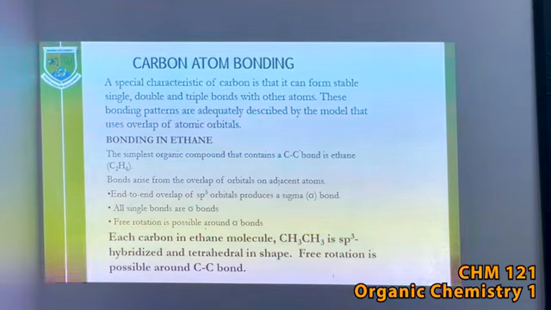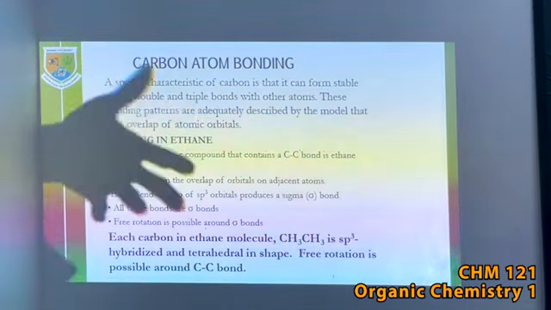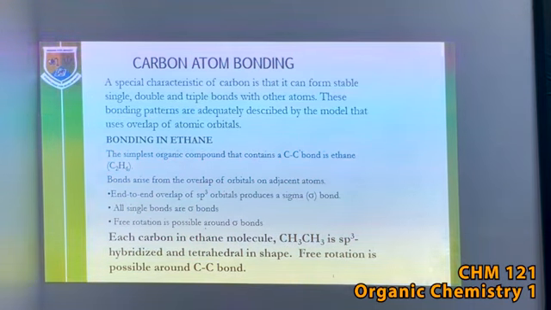Okay, so now that we've seen how single bonds, double bonds, and triple bonds arise, we need to look at carbon atoms, because we said they form a large number of compounds that come together in series. So carbon is capable of forming single, double, and triple bonds with other atoms, and these bonding patterns are adequately described by the model that uses overlap of atomic orbitals.